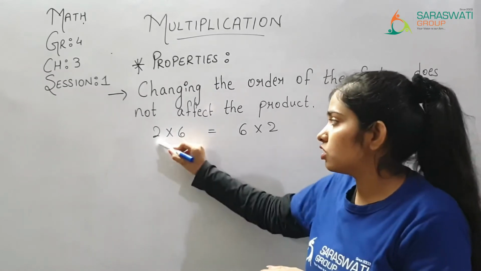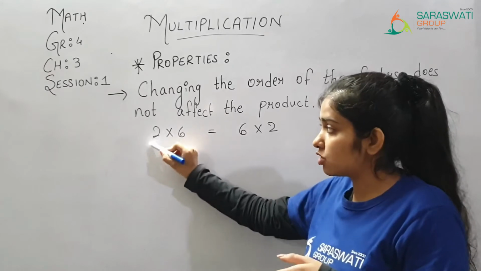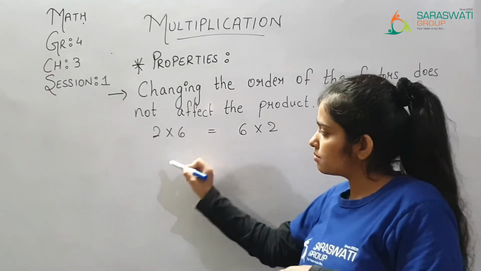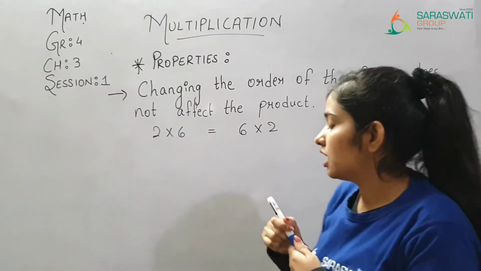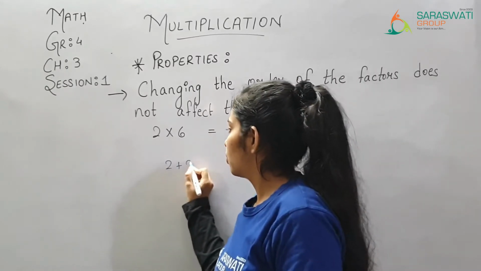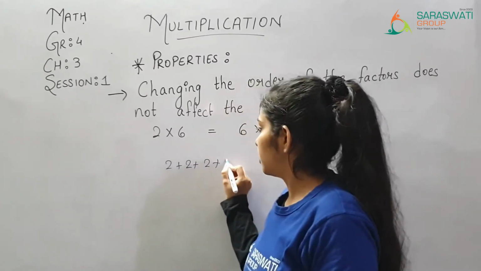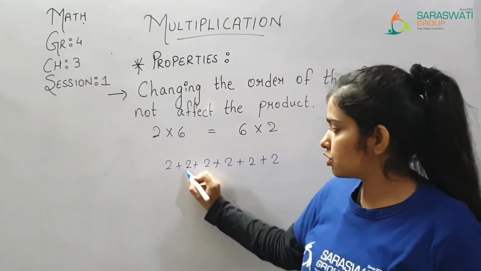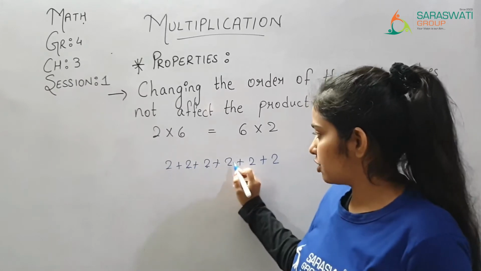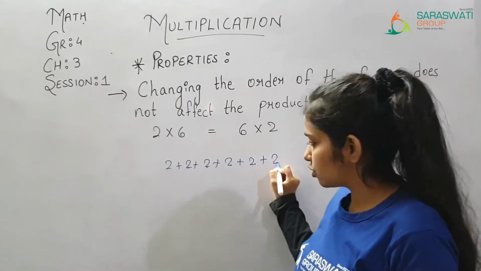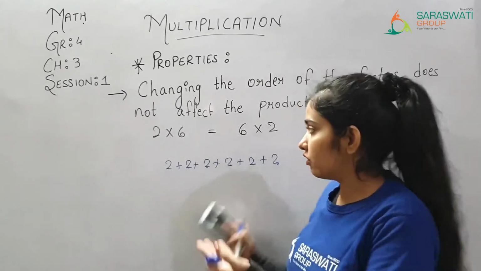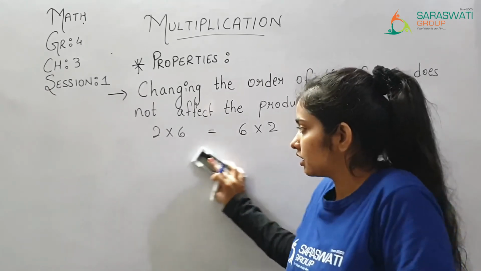But if you don't know the answer of 2 into 6, then you have to add 2 six times, in this way: 2 plus 2 plus 2 plus 2 plus 2 plus 2. So 2 plus 2 is 4, plus 2 is 6, plus 2 is 8, plus 2 is 10, plus 2 is 12. Then you will get the answer. But if you know the table, then it will be easy for you to calculate.